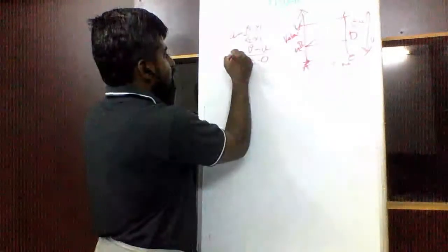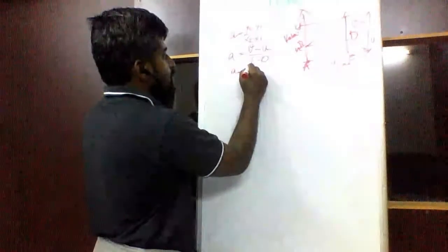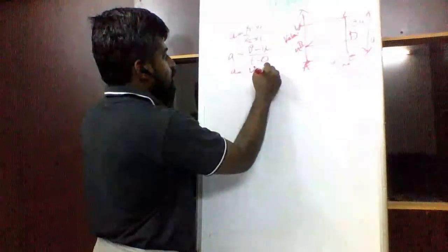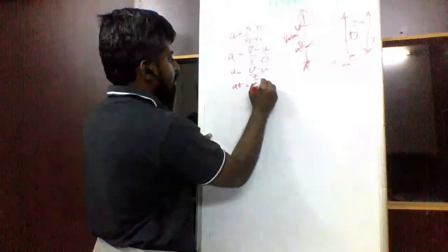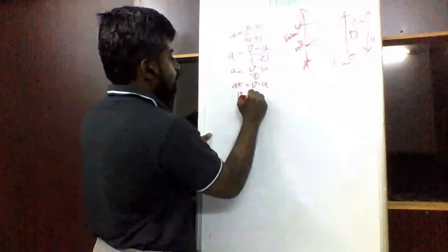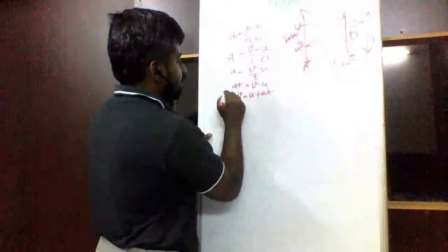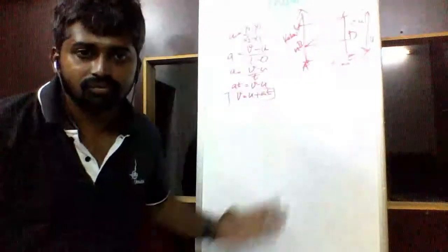So a is equal to (v minus u) divided by t. Then at is equal to v minus u, so v is equal to u plus at. First equation is done.